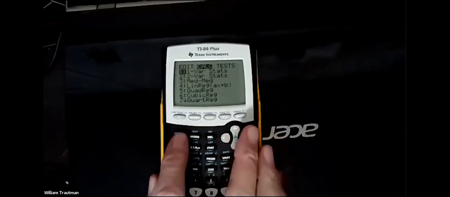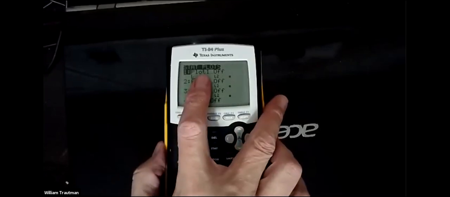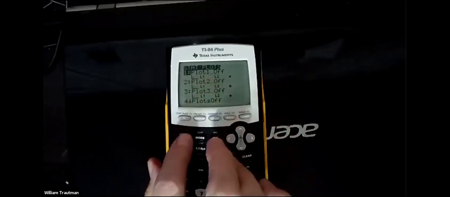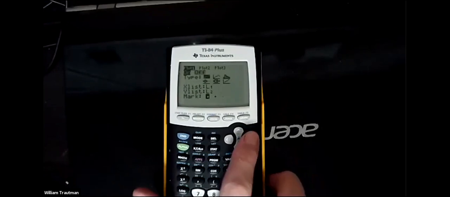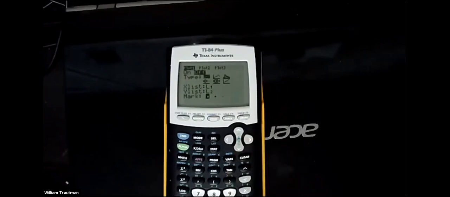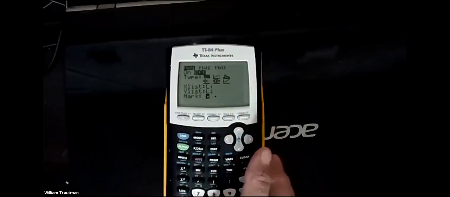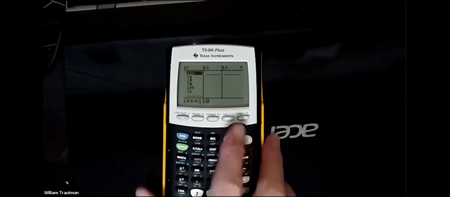While we're here, if we're not using stat plot, turn that off. Just in case, the stat plot was on, and I arrowed over and turned it off just to make sure it's not there. So that should be off, and you shouldn't have anything in list 2.